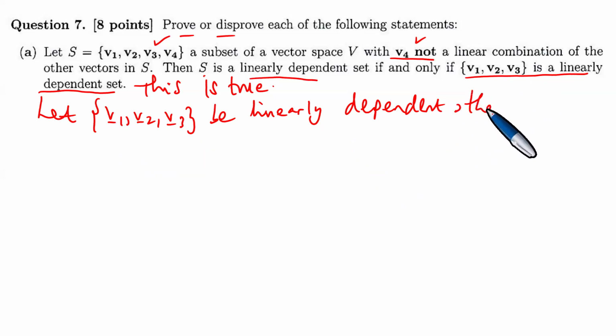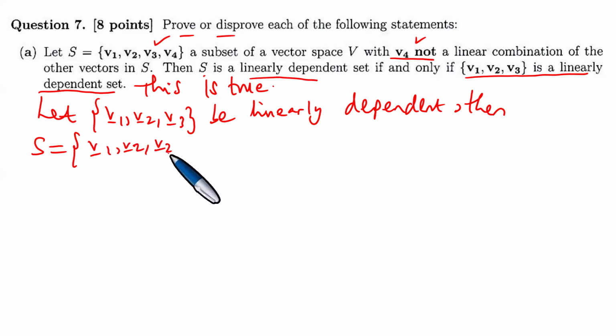Then S, that has 4 vectors, V1, V2, V3, V4, is linearly dependent.